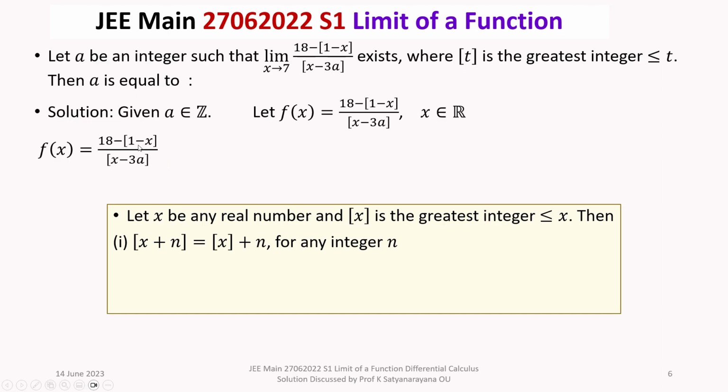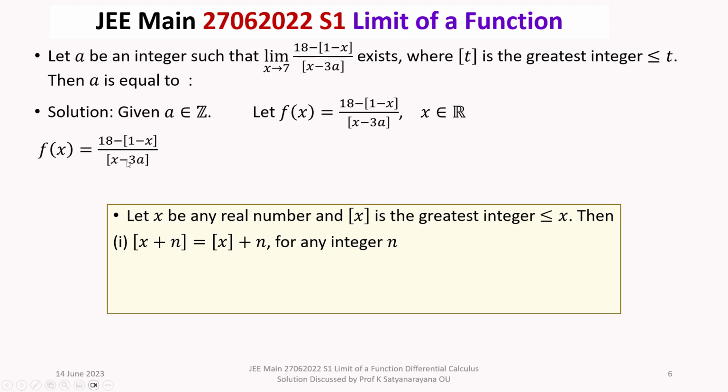So we apply it here. Bracket of 1 minus x is bracket of minus x plus 1. It will be bracket of minus x, with plus 1 outside. Here a is an integer, so minus 3a is an integer.